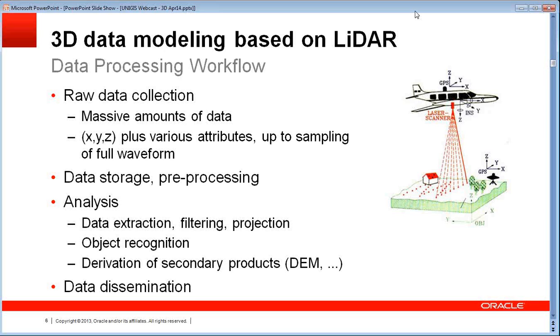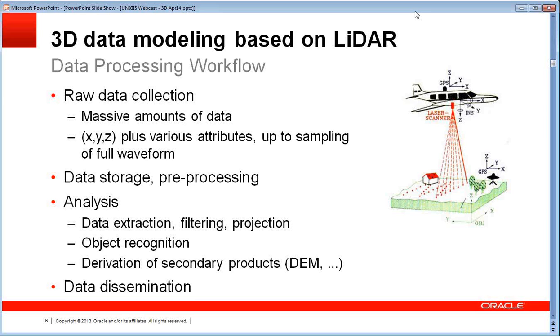It's a technology which I cannot explain in greater depth just in the interest of time, but the fundamental idea is to make use of laser scanning and the reflection of laser pulses in order to determine the X, Y, and Z of any given point on a surface.